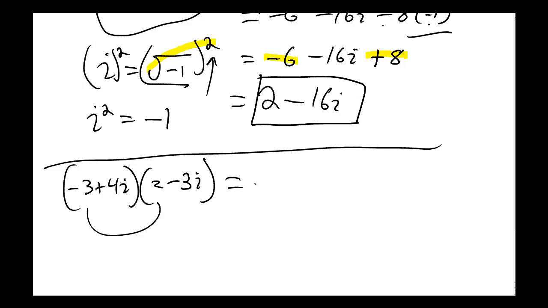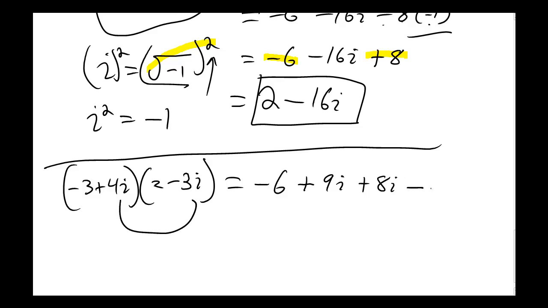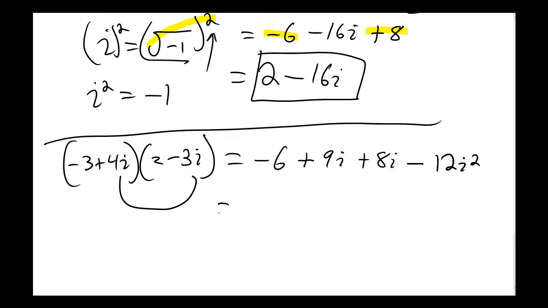Again, I'm going to multiply the first two terms together and get negative 6. I'm going to multiply the outer two terms together and get positive 9i. I'm going to multiply the inner two terms together and get positive 8i. And lastly, I'm going to multiply the last two terms together and get negative 12i squared.